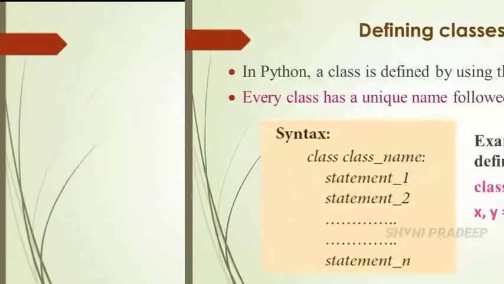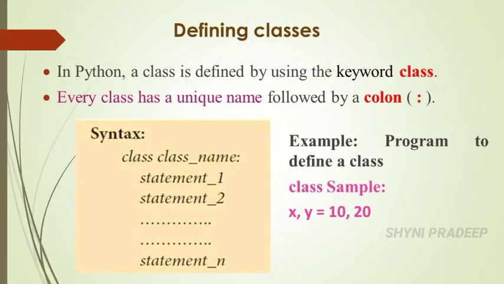Next topic, defining classes. In Python, a class is defined by using the keyword class. Every class has a unique name followed by a colon. See, this is the syntax. First, class is a keyword, class name is the name of the class, followed by a colon symbol.